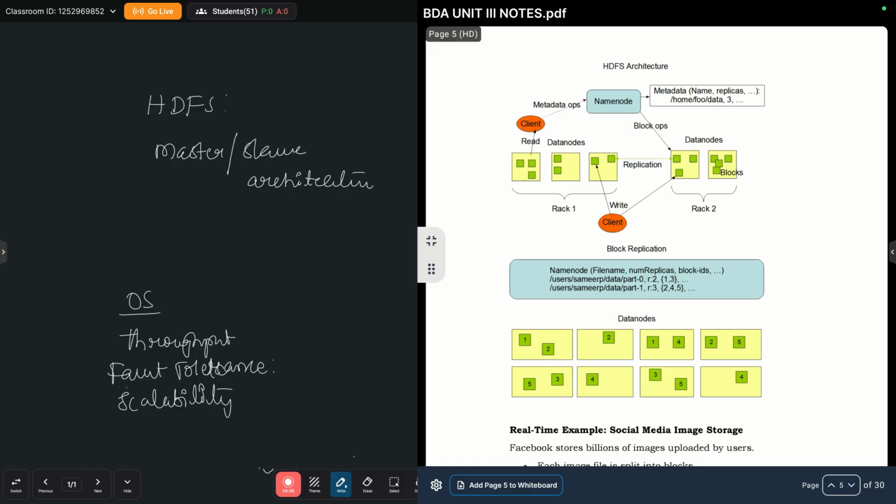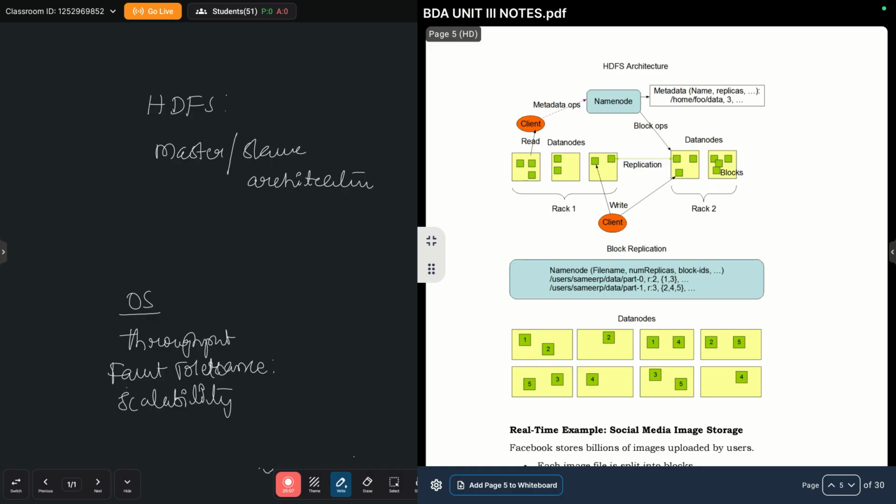Whereas coming to data nodes, if you look at this diagram, how many data nodes are there? There are 5 data nodes. So who is handling the read and write operations? Name node. Name node takes care of all the operations in the HDFS architecture.